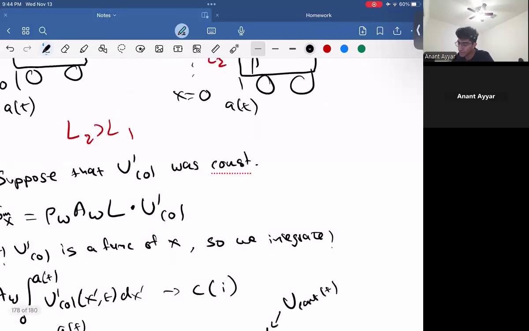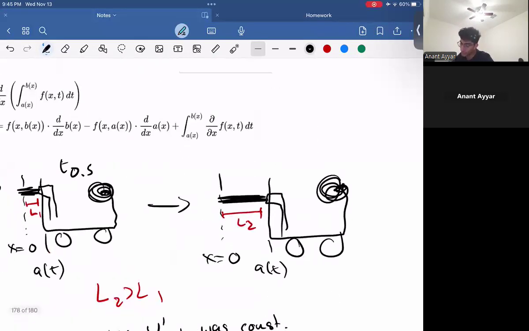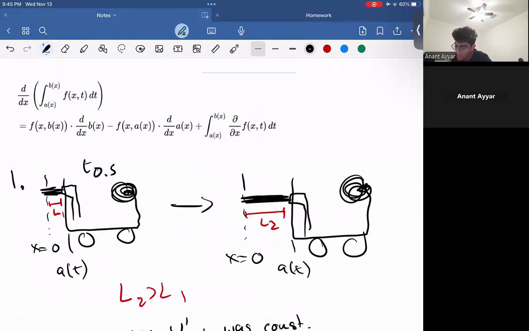Then we should do the same thing on the bottom bound of the integral, but we realize that this is just going to be 0. It's not going to change at all, so this entire derivative will just go to 0. We don't need to think about that. The last thing we need to do is take the derivative of the inside of the integral.